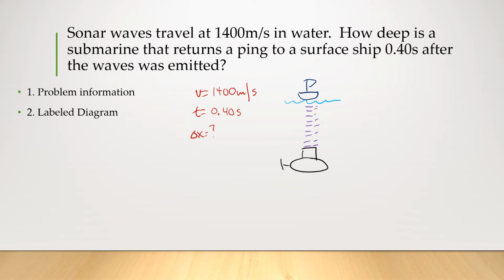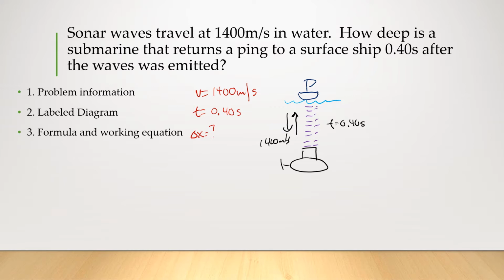So we know the time here is 0.40 seconds, and that the sound wave travels this way at 1400 meters per second, and then it also travels back up at the exact same speed. So there's my quick labeled diagram.